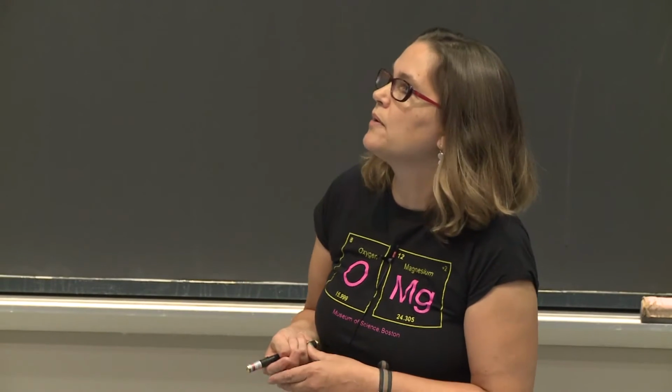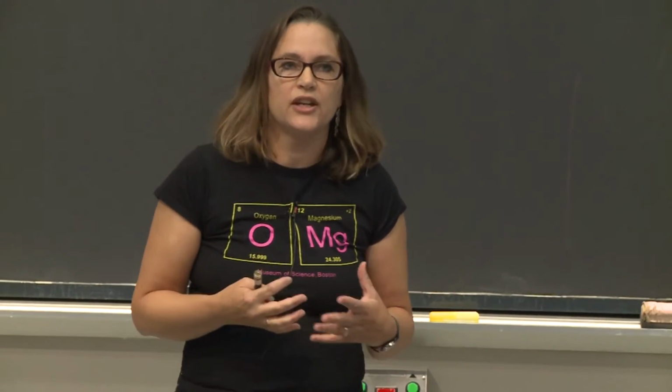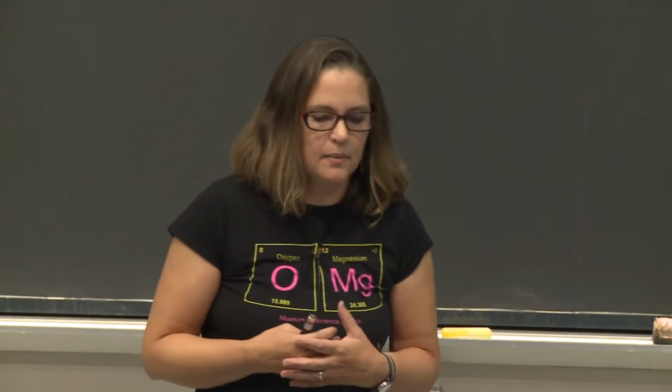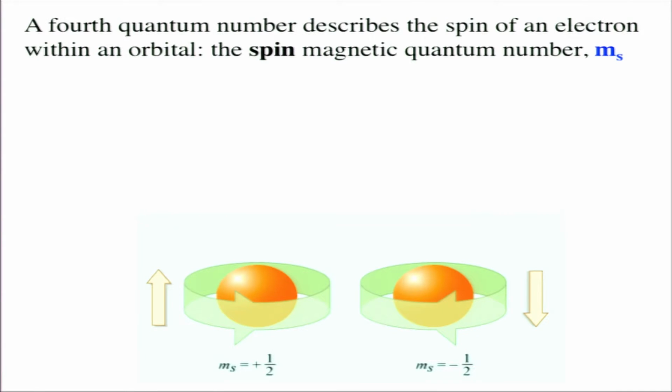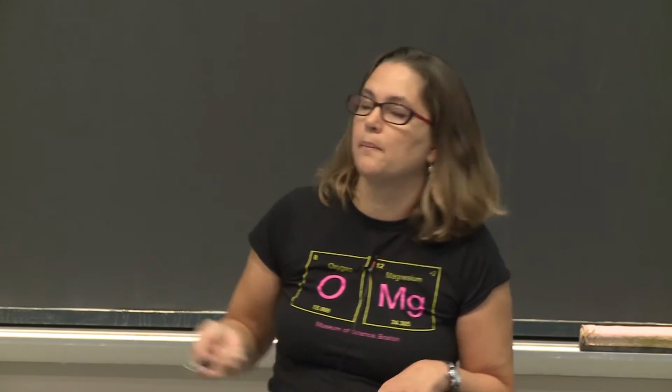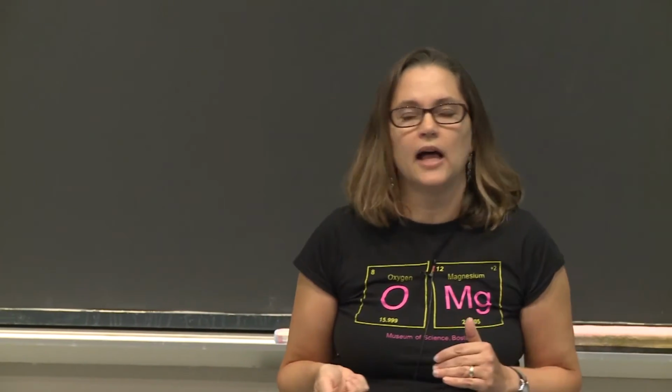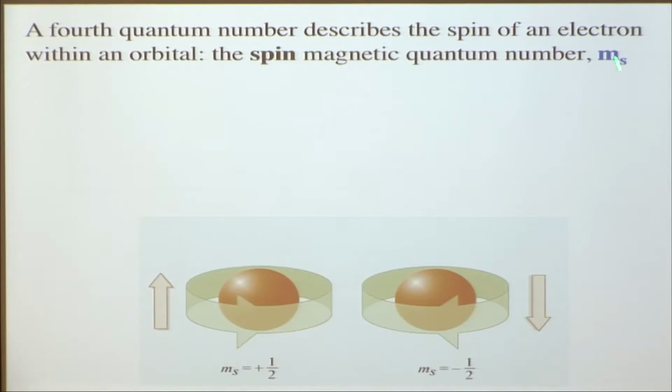All right, so before we move to that handout, we got to finish our quantum numbers and talk about electron spin. So the fourth quantum number describes the spin on the electron. And we already saw the magnetic quantum number m. We saw m sub L. And now we have m sub s.